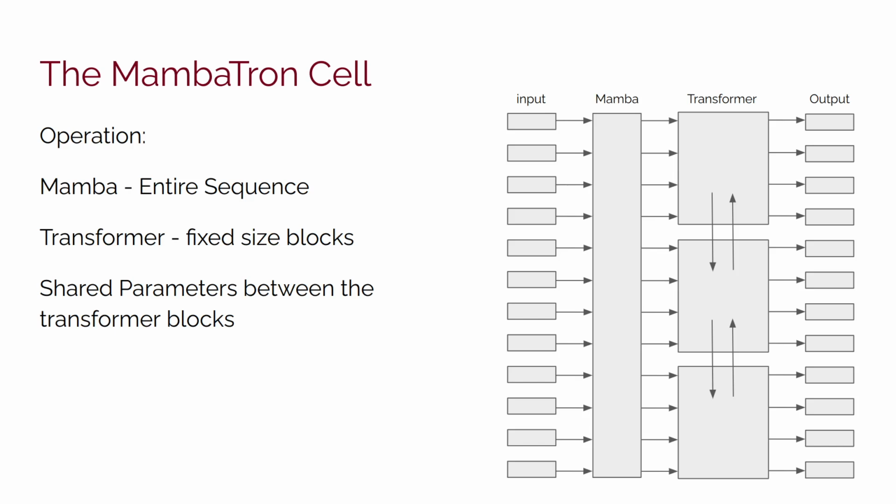It's similar to the output block of the block recurrent transformer. It doesn't operate on the entire sequence, it only operates on a sliding window. And the transformer blocks that operate between different input blocks all share the same parameters. And the transformer operation is parallelized. The Mamba operation is sequential, but it's fast.